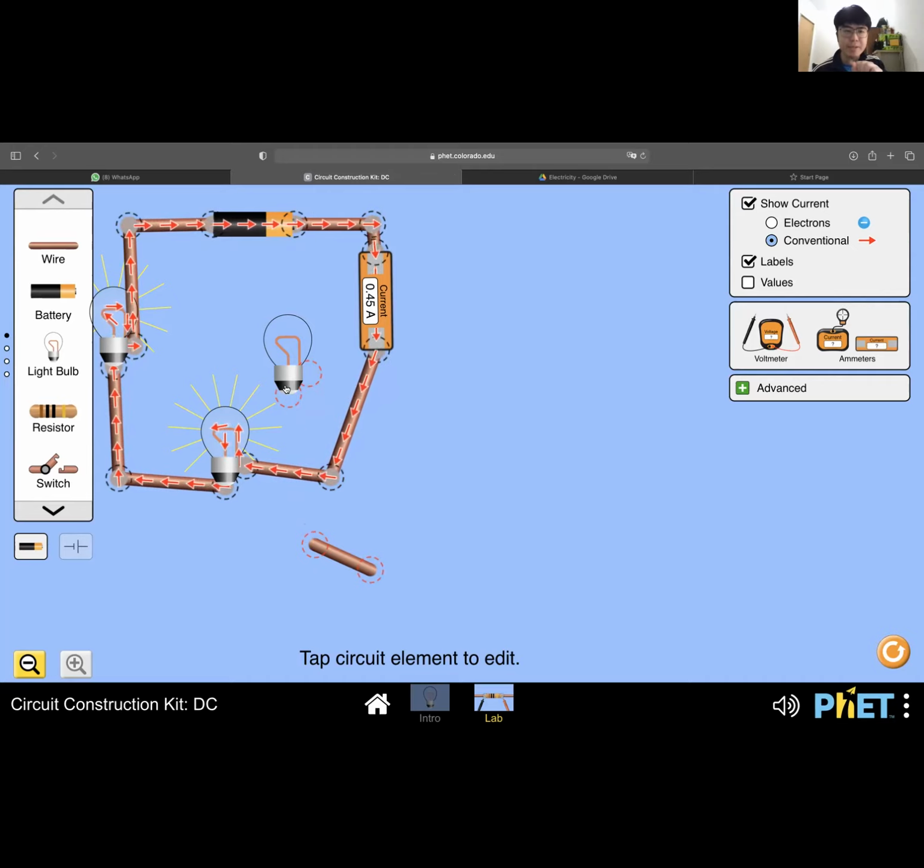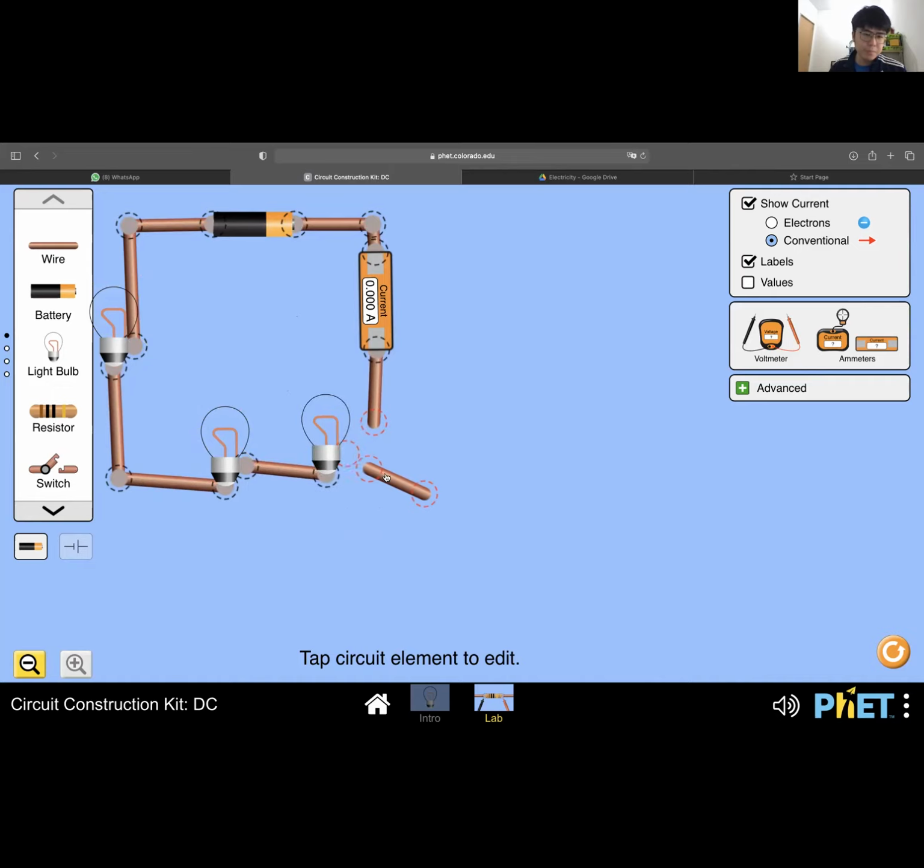Again, in a series circuit, the disadvantage is that the more loads you add, the smaller the current and the dimmer the light bulb. Here I only have two loads, and the current is 0.45 ampere. If I add back the bulb, you can see the current come down.